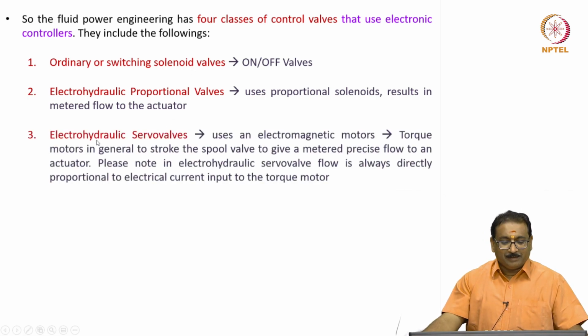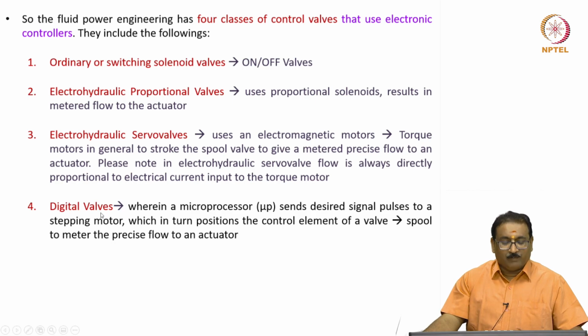Next category is electro-hydraulic servo valves, which use an electromagnetic motor, generally the torque motor, to stroke the spool valve to give a metered precise flow to an actuator. Please note friends, in the electro-hydraulic servo valve, flow is always directly proportional to the electric current input to the torque motor.